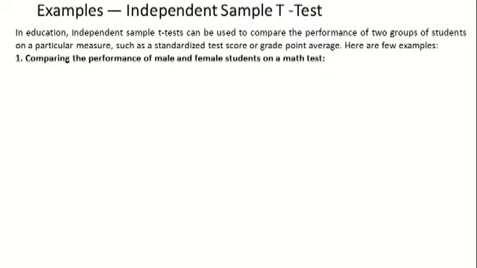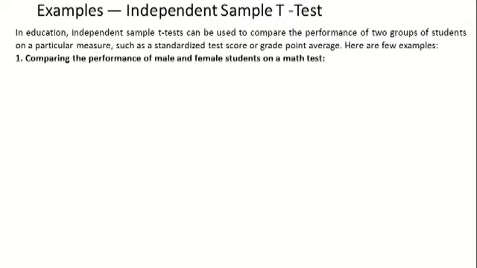In education, independent t-tests can be used to compare the performance of two groups of students on a particular measure, such as standardized test scores or grade point averages. And here are a few examples.